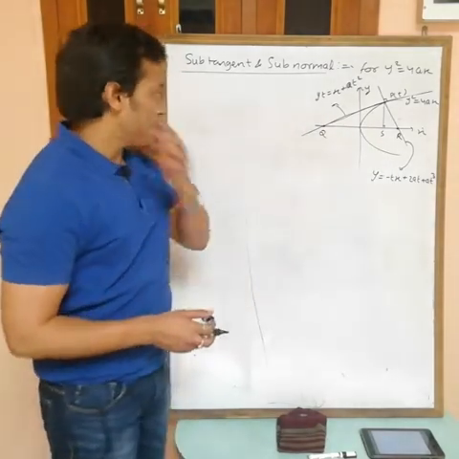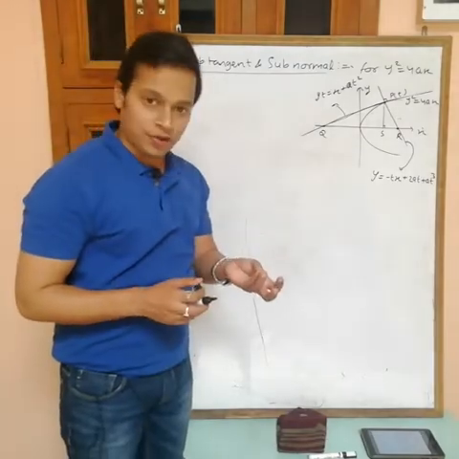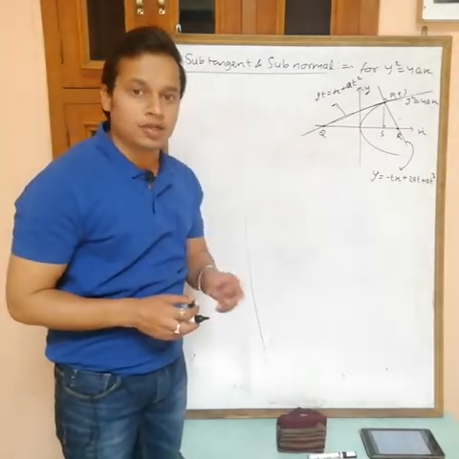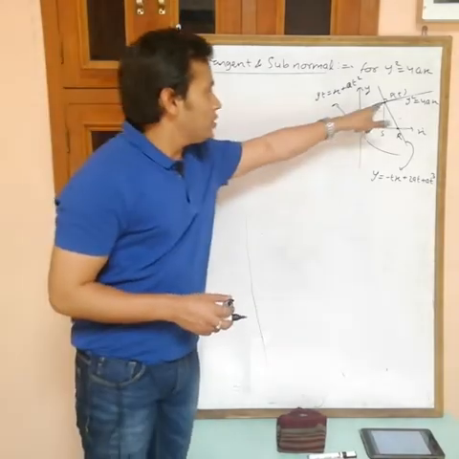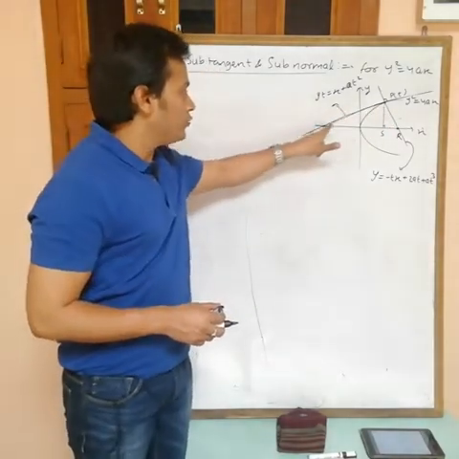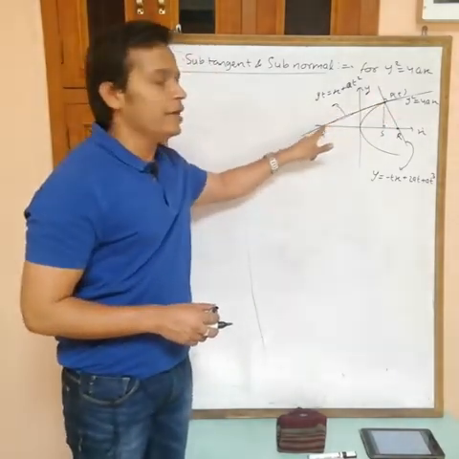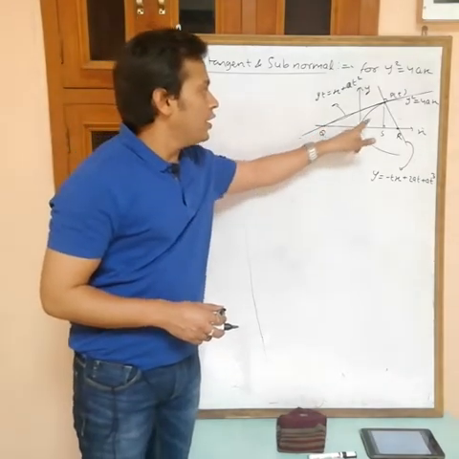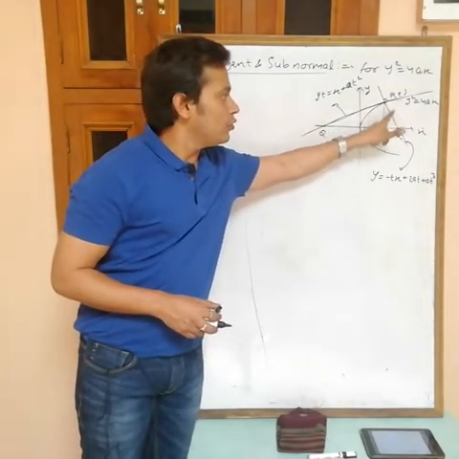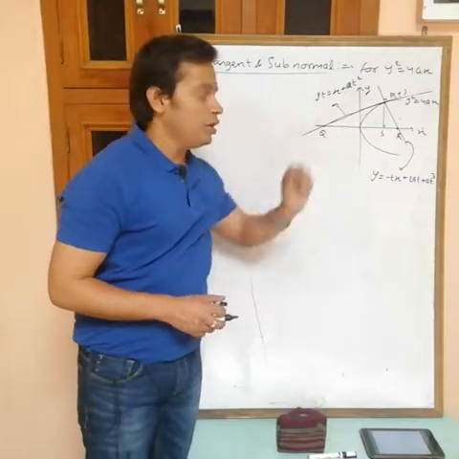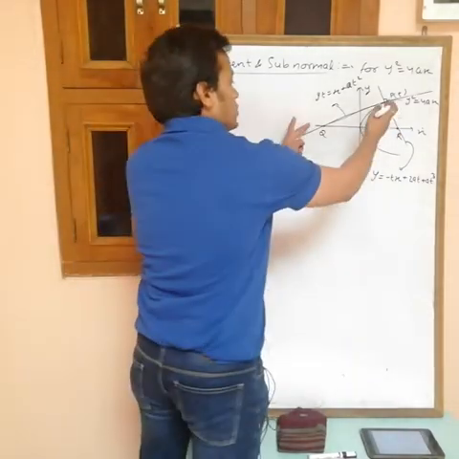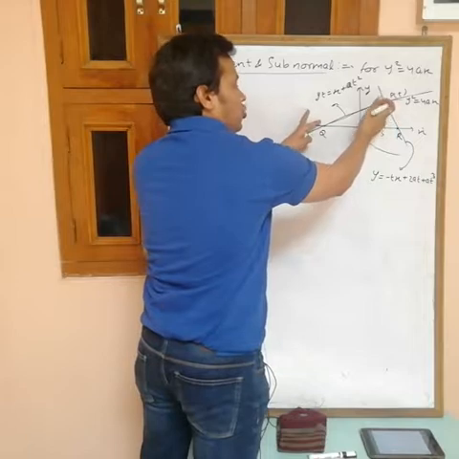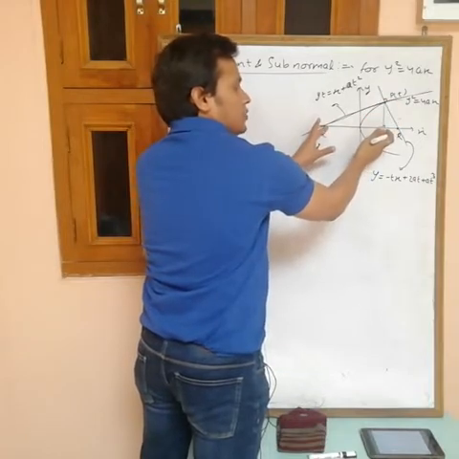Now actually here we have four terms: length of tangent, length of subtangent, length of normal and length of subnormal. So this length PQ is known as length of tangent, and this is the length of normal. Here what you want is subtangent and subnormal. The projection of this PQ part on the x axis, it means QS.